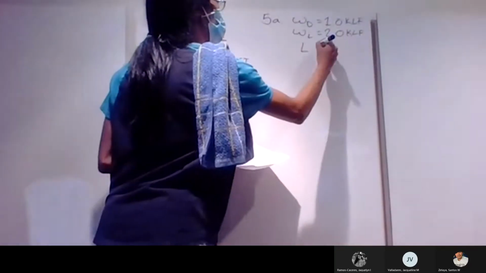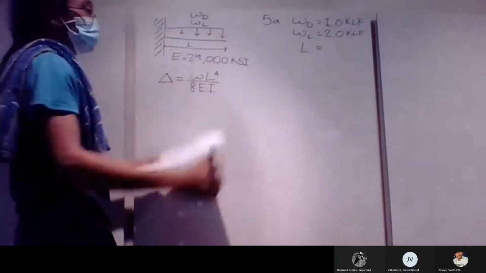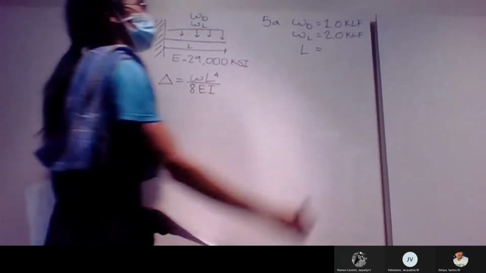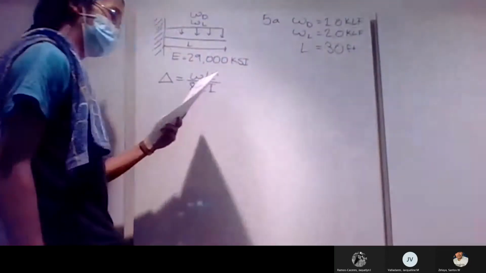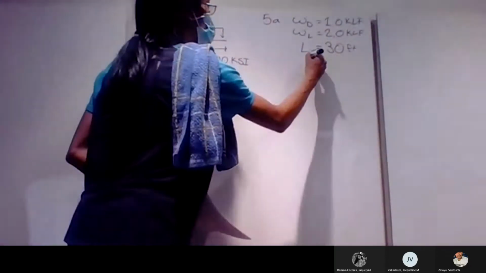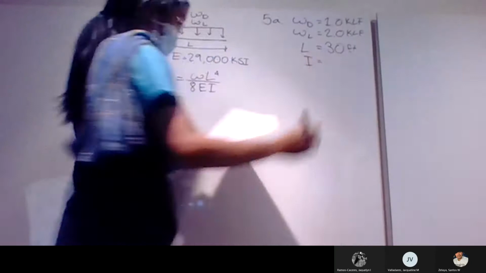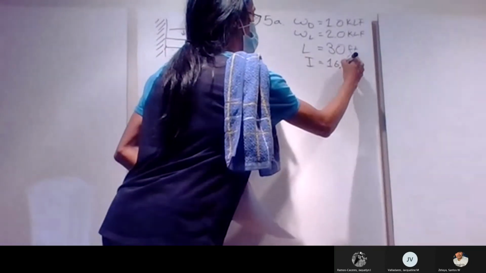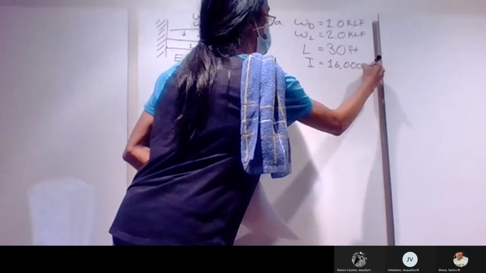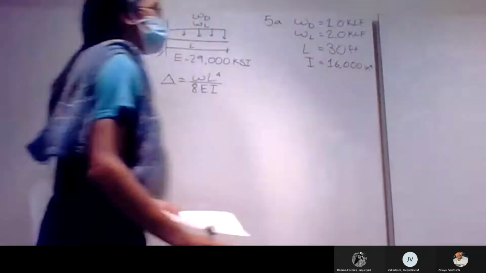The length of the beam right there is 30 feet. And the moment of inertia, I, is 16,000 inches to the 4th.